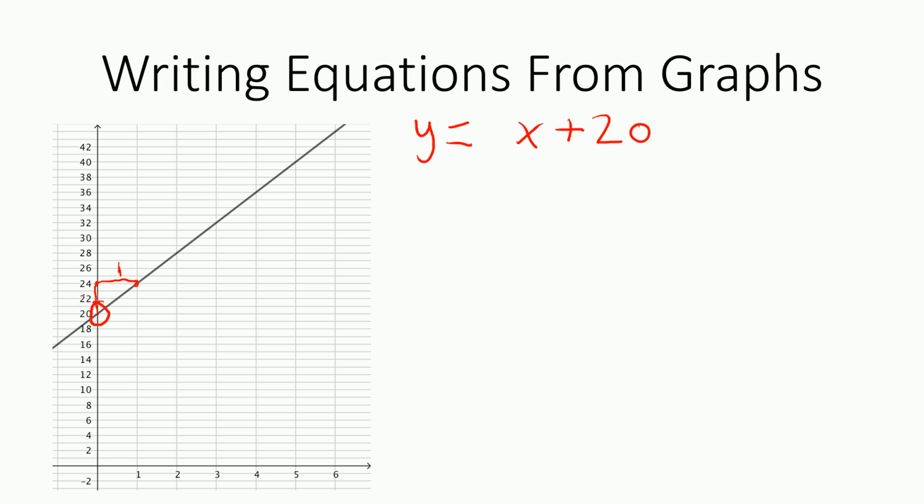Well, I know this is 1, so this will be my slope. And I see it goes up from 20 to 24. So this slope is 4. So my equation is 4x plus 20. So y equals 4x plus 20 is this. And I know that because both of them have a y-intercept of 20, and both of them have a slope of positive 4.